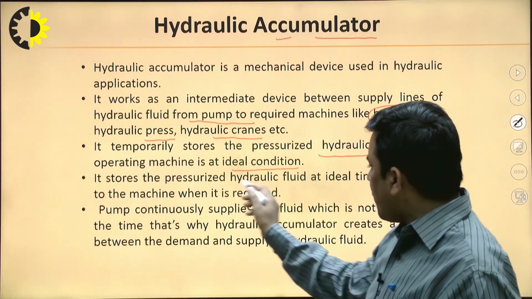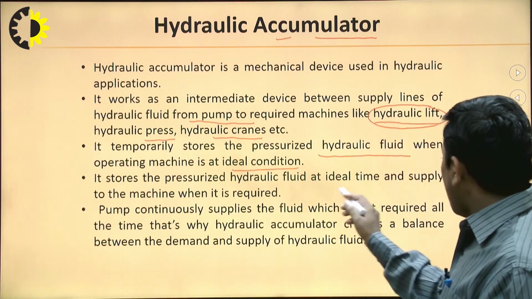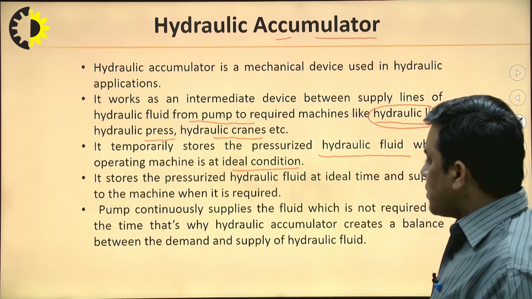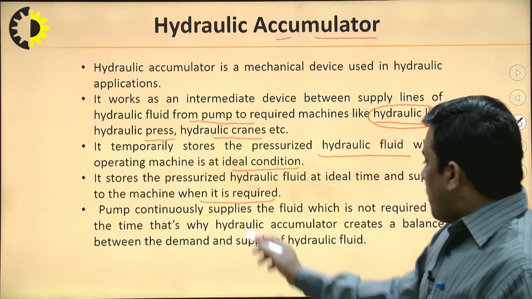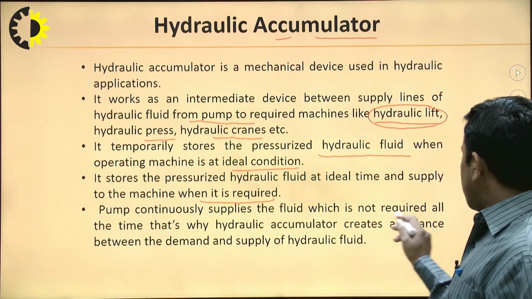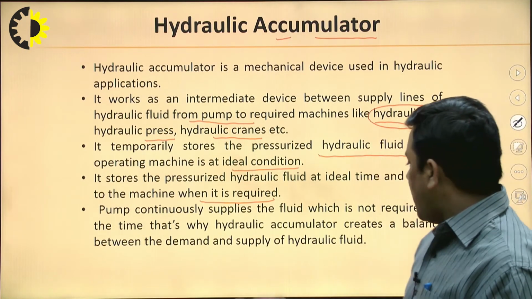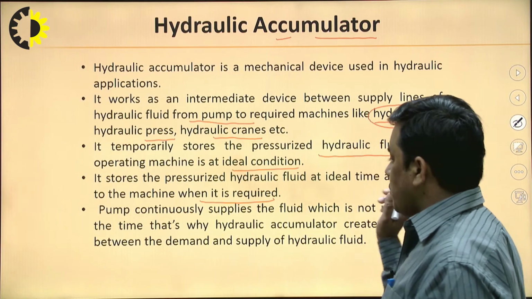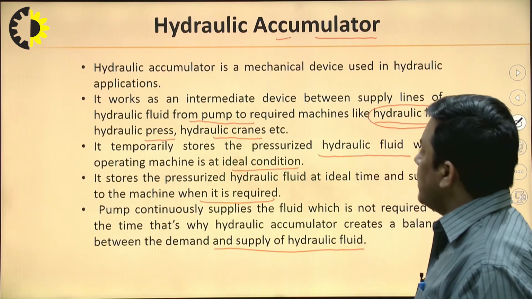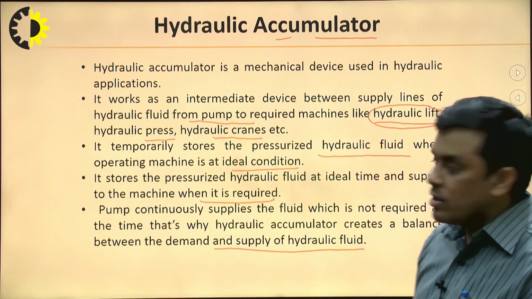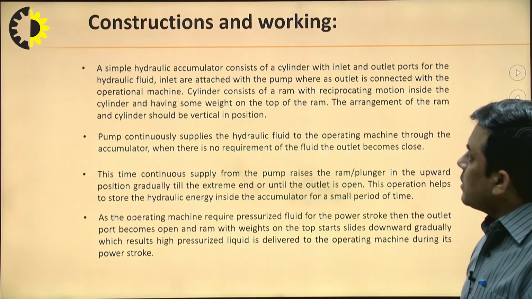It stores the pressurized hydraulic fluid at idle time and supplies it to the machine when required. The pump continuously supplies fluid, which is not required all the time. That's why the hydraulic accumulator creates a balance between the demand and supply of the hydraulic lift, cranes or press. So, this is the purpose of the hydraulic accumulator.